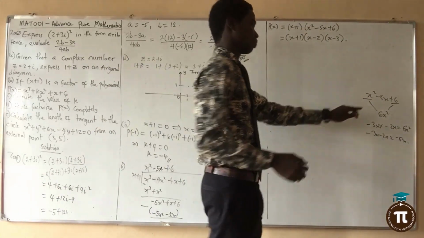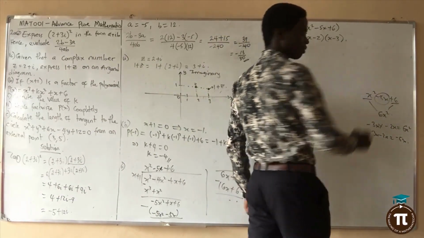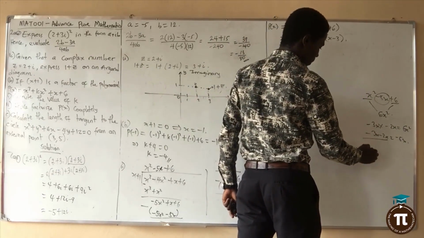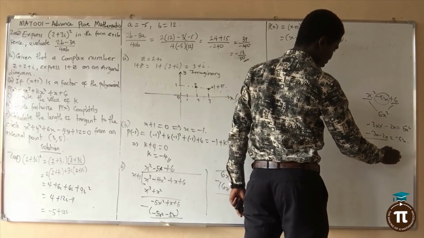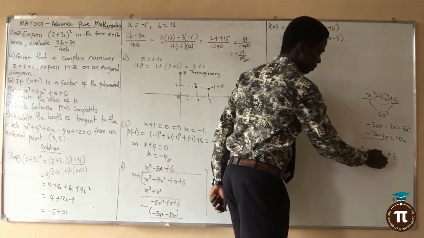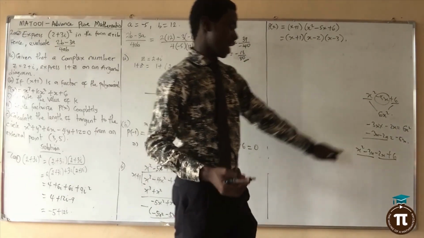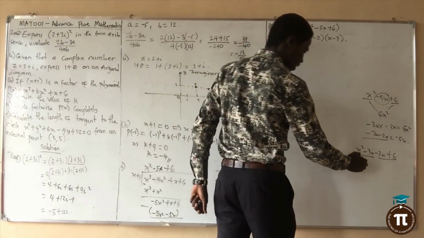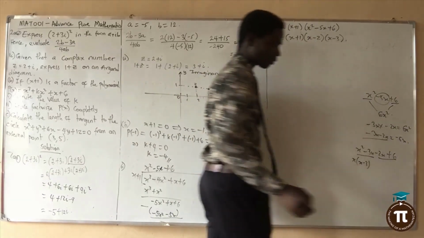So instead of writing minus 5x, I will write this. I will have x squared minus 3x minus 2x plus 6. Then I factorize. I'll bring these two together and this other one as well. X is common here. In the first one I underline, I have x minus 3.